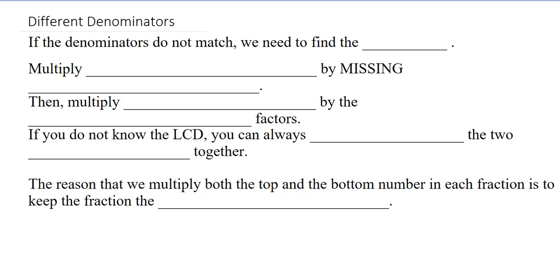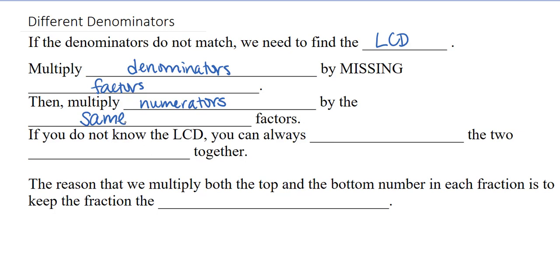Different denominators. If the denominators do not match, we need to find the least common denominator. And so what we're going to do is multiply the denominators by the missing factors, and then multiply the numerators by the same factors.